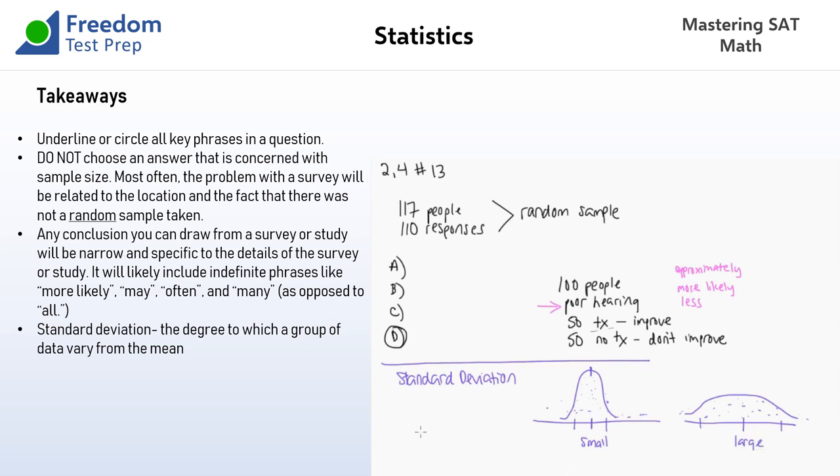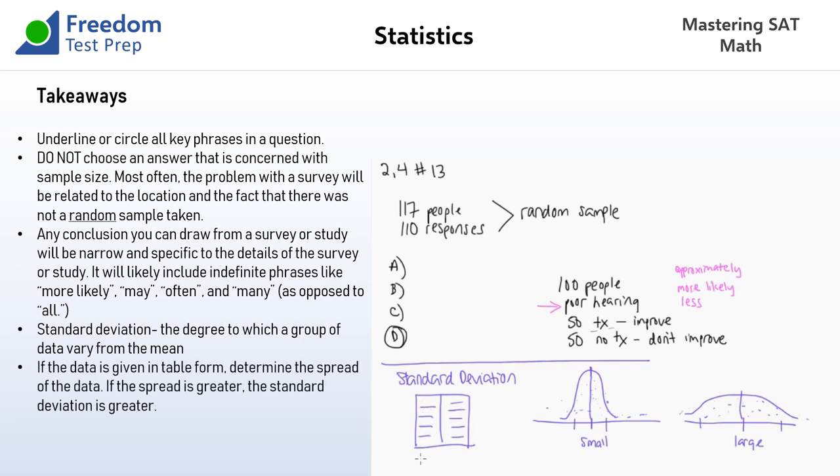Okay, so standard deviation is how much the data points vary from that mid line. Okay, that's all you need to know, other than they could give you the data like this in terms of a graph, or they could give you data in a kind of a table format, right? Where they would have a bunch of data here and a bunch of data here, and you would have to determine which standard deviation would be bigger or smaller.